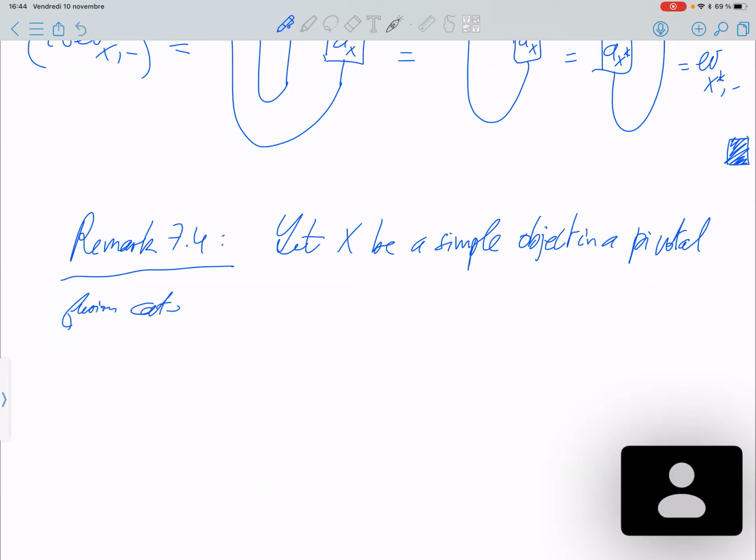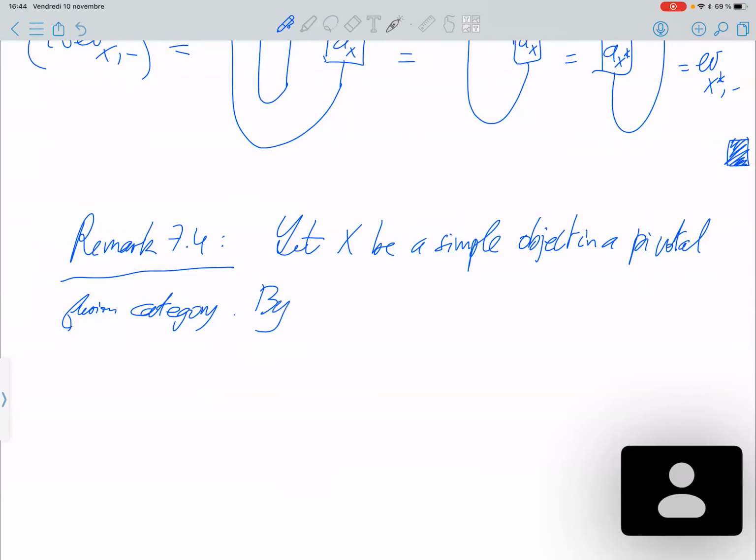Fusion category. So by the EGNO book, proposition 4.8.4, we already cited the dimension of X is non-zero.